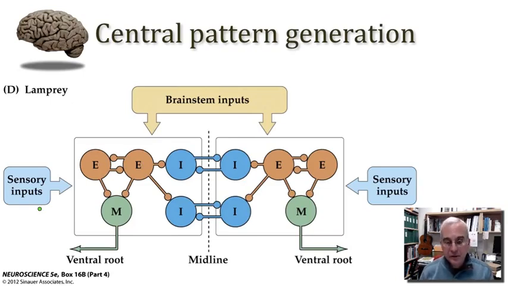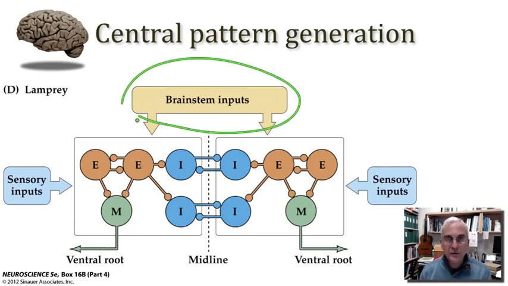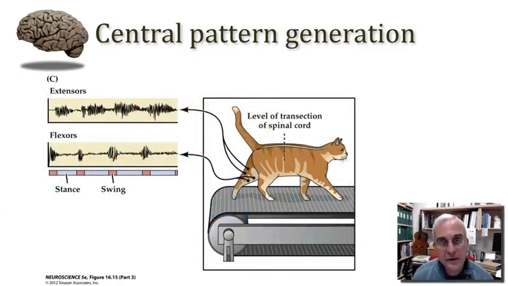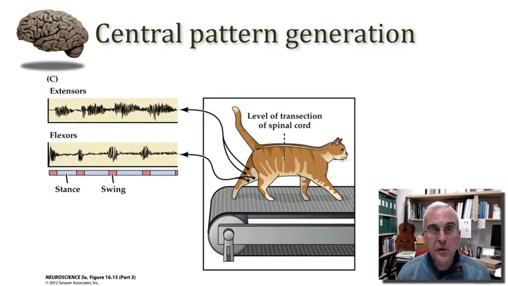Although the activity of these central pattern generators can be modulated via descending inputs, the pattern itself can still be expressed even in the absence of these descending inputs. And this point was made rather dramatically some decades ago in experiments done on cats that were subject to transection of the spinal cord.